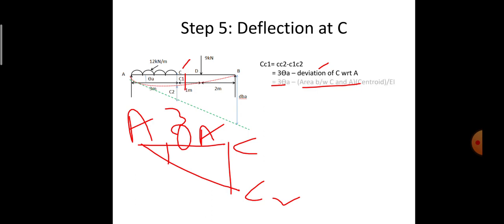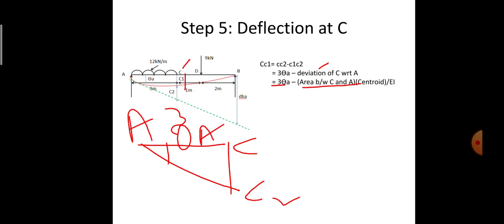In order to determine the deviation of C with reference to A, it is nothing but the area of the M by EI diagram between C and A, multiplied by the centroidal distance.